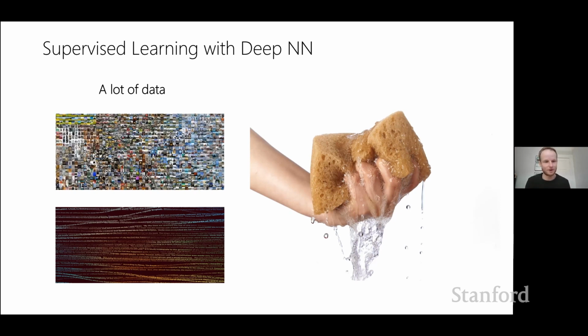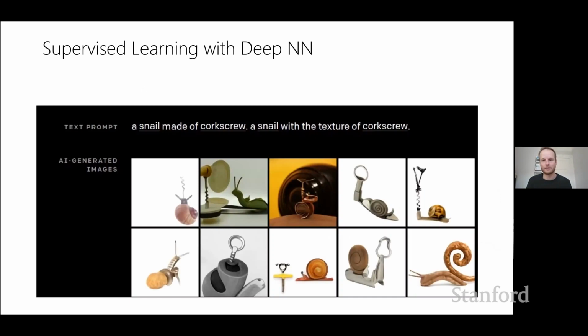Large language models are a perfect example of that, where they can just go over the entire Wikipedia and take all of the data in. As a result, we get really good generalization out of these models. So we can prompt a model that was trained like that with something that it clearly shouldn't have seen before, such as create an image of a snail made out of corkscrew.